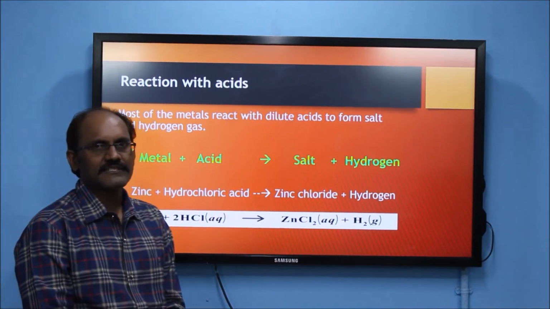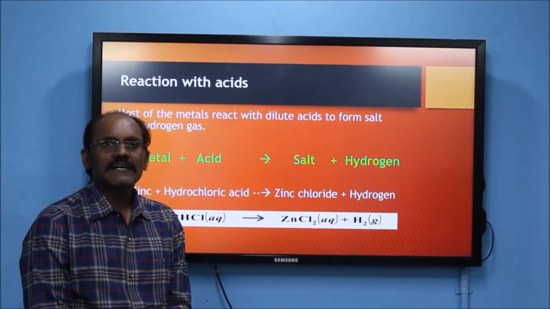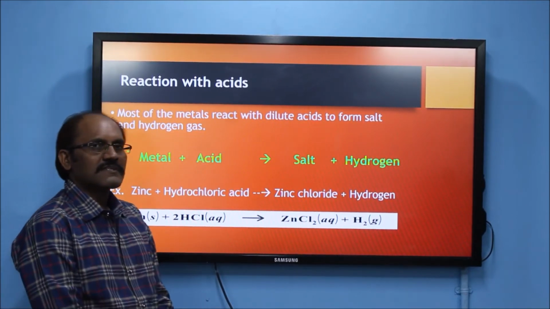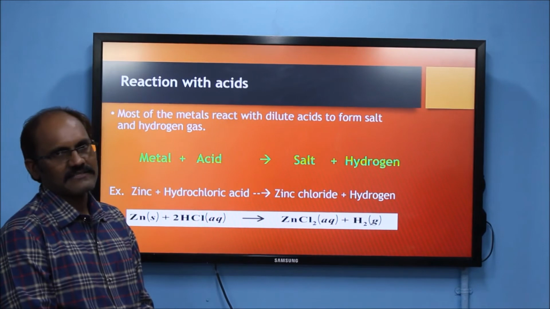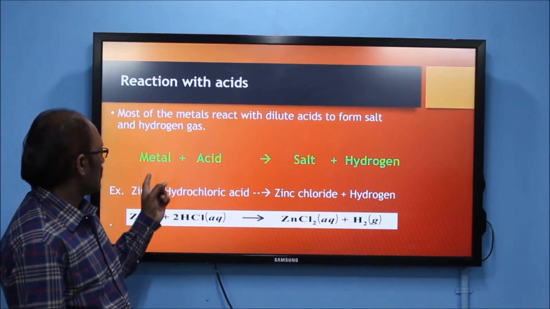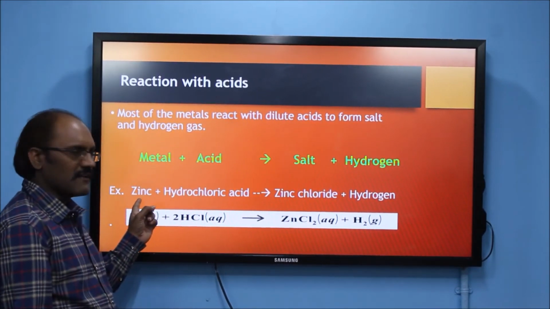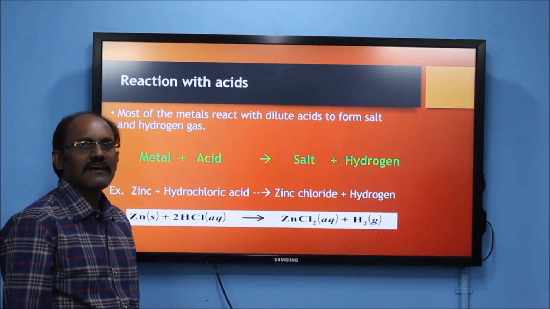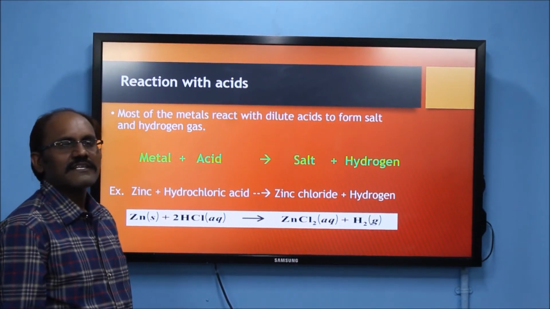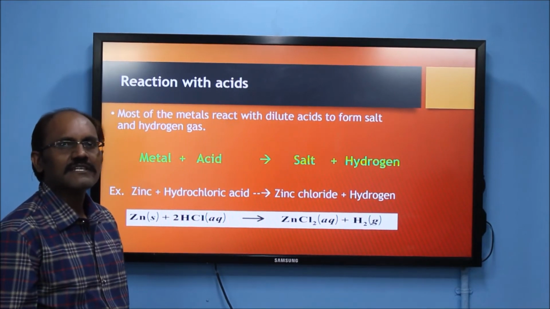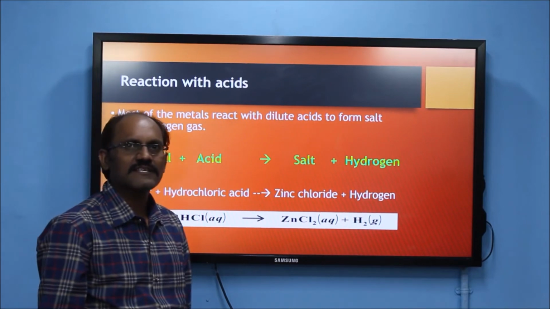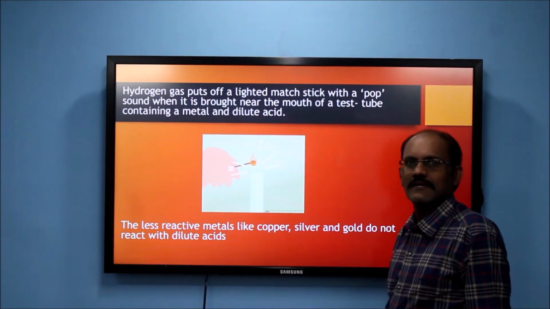Reaction with acids. Metals react with dilute acids and form salt and hydrogen gas. For example, zinc is a metal. It reacts with dilute hydrochloric acid and produces its corresponding salt, zinc chloride, and during this reaction, hydrogen gas is evolved.